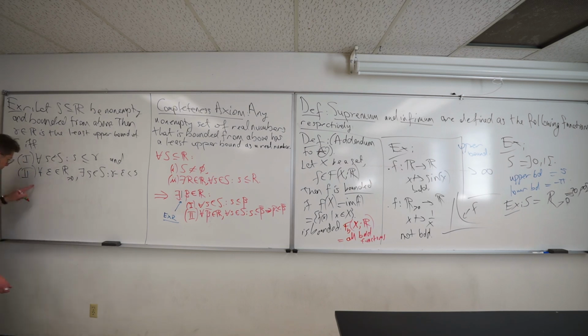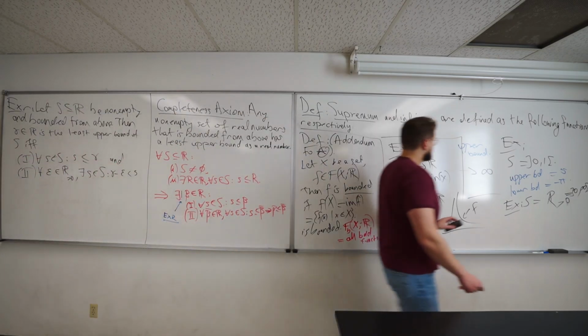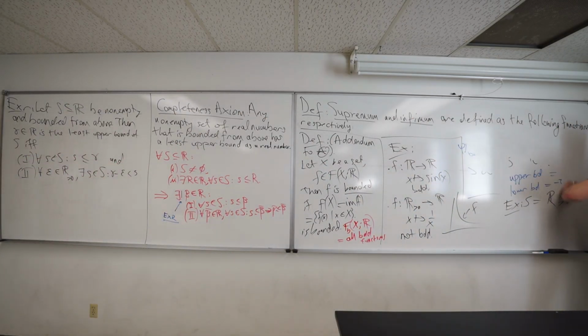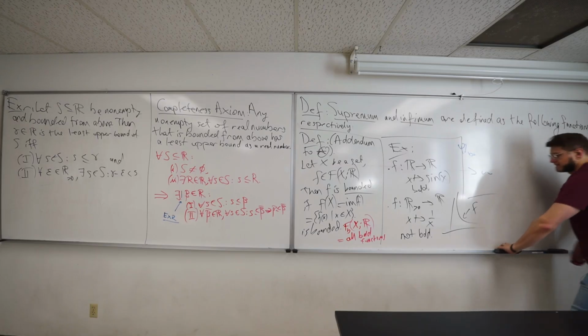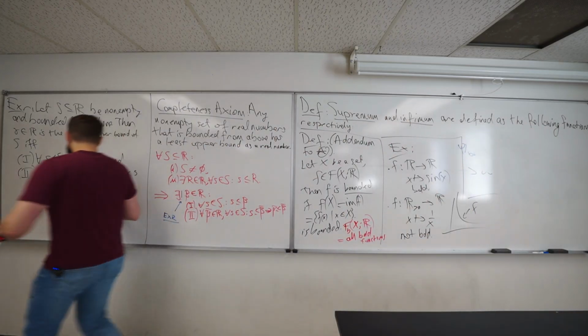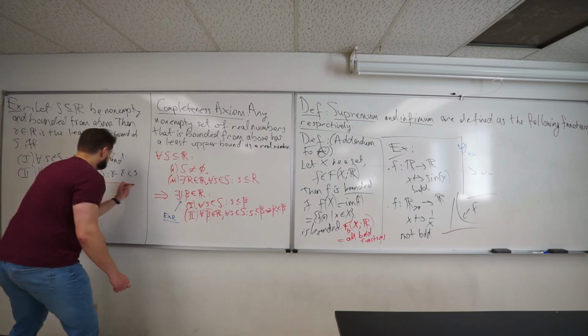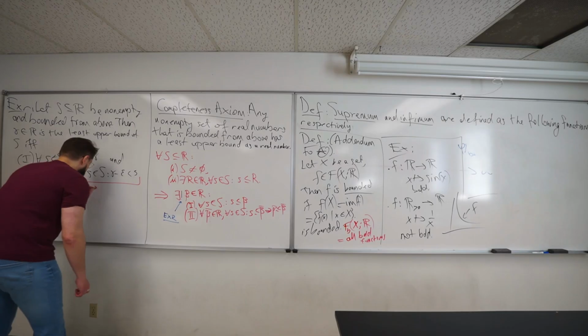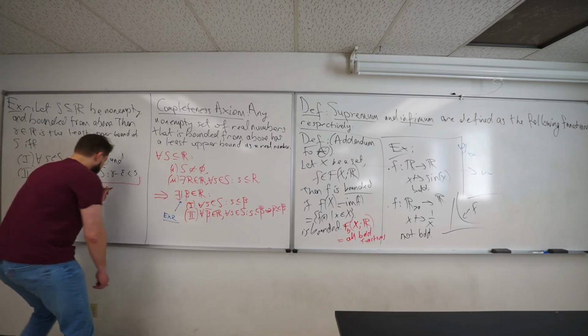I'll write it here. So this statement really says gamma minus epsilon is not an upper bound. So gamma minus epsilon fails to be an upper bound for S.